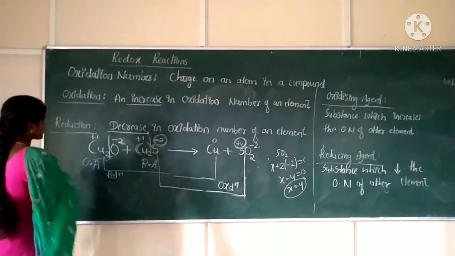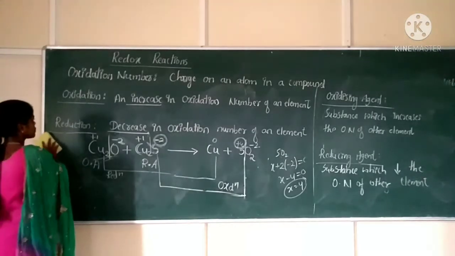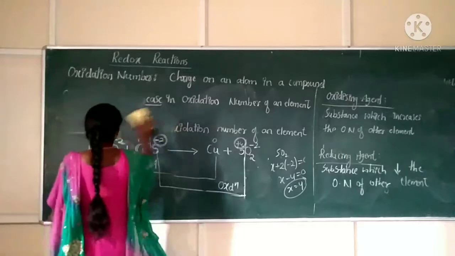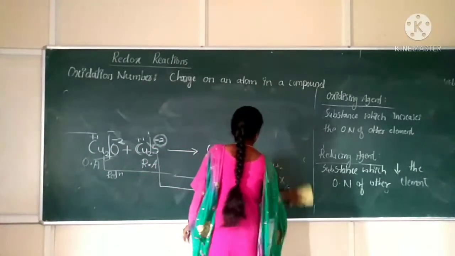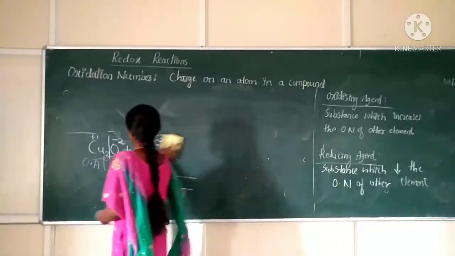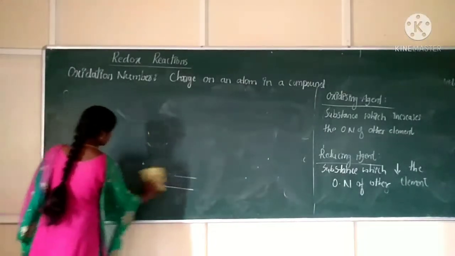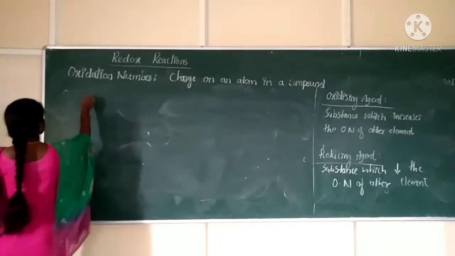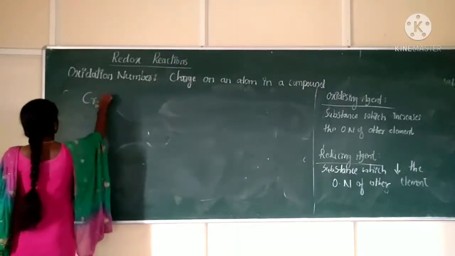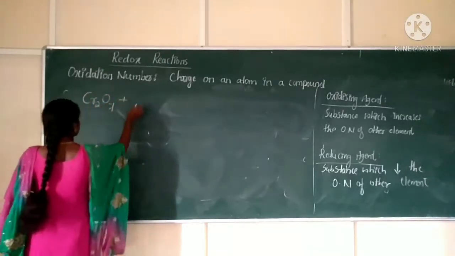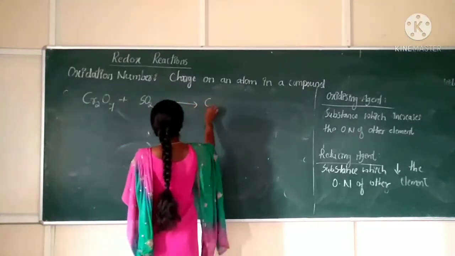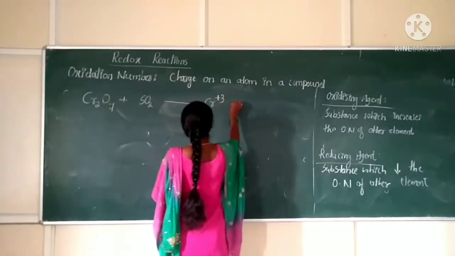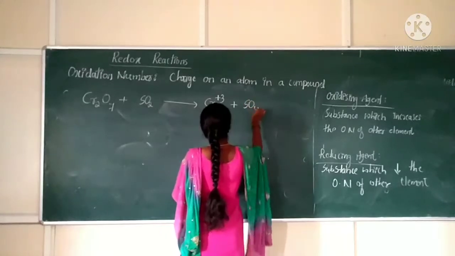Okay. Next example. Second example. Cr2O7 2- plus SO2 gives Cr3+ plus SO4 2-.